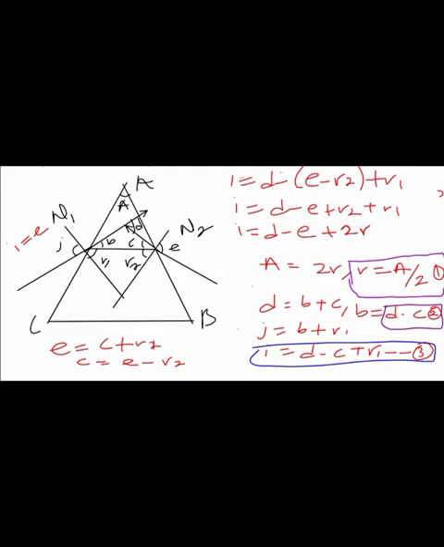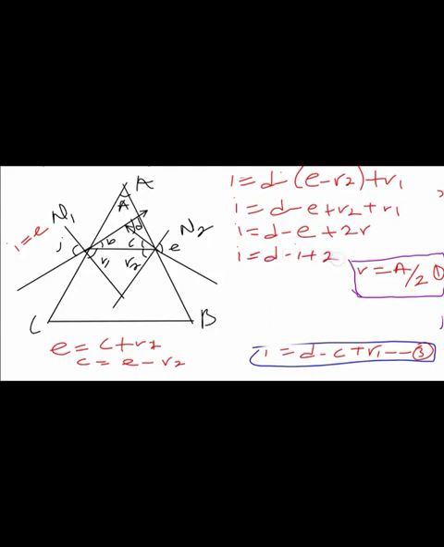And we say that E and I are equal, so we can represent both of them as I. So I is equal to D minus I plus 2R.